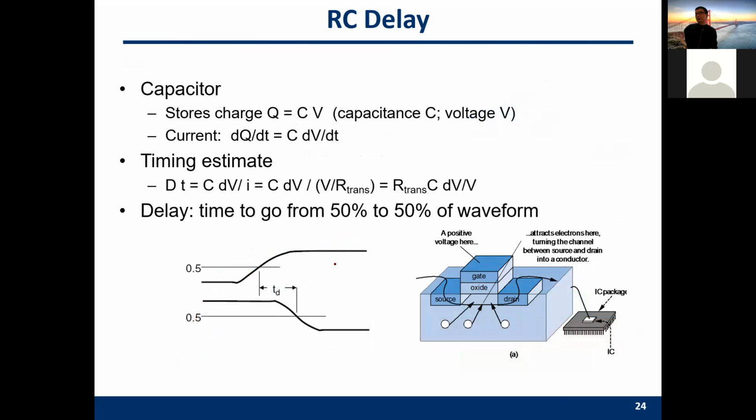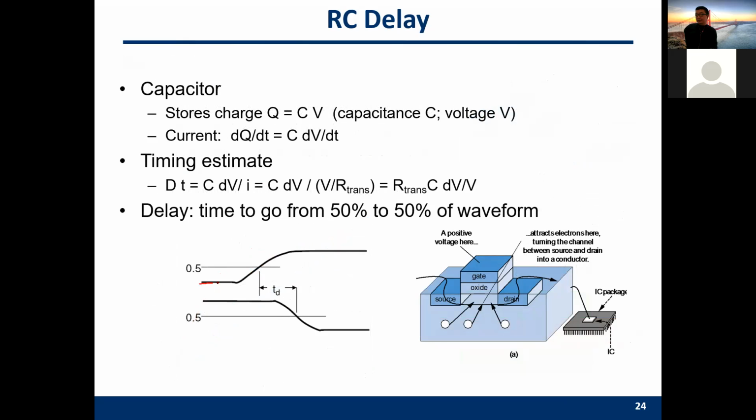And this slide introduced the capacitance. The transistor always has some parasitic capacitance. No matter how you optimize it, it always has some capacitance. With the capacitance and the resistance, it has RC delay.